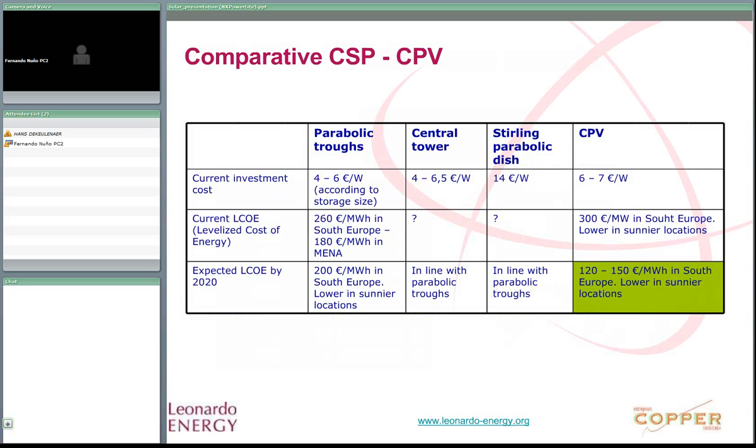The expected cost of energy for the coming years is roughly 200 euros per megawatt hour in South Europe for parabolic troughs. The other thermal technologies will be roughly in line with this. For CPV there is big hope to reduce costs to 120 or 150 euros per megawatt hour in South Europe and even lower in sunnier locations.